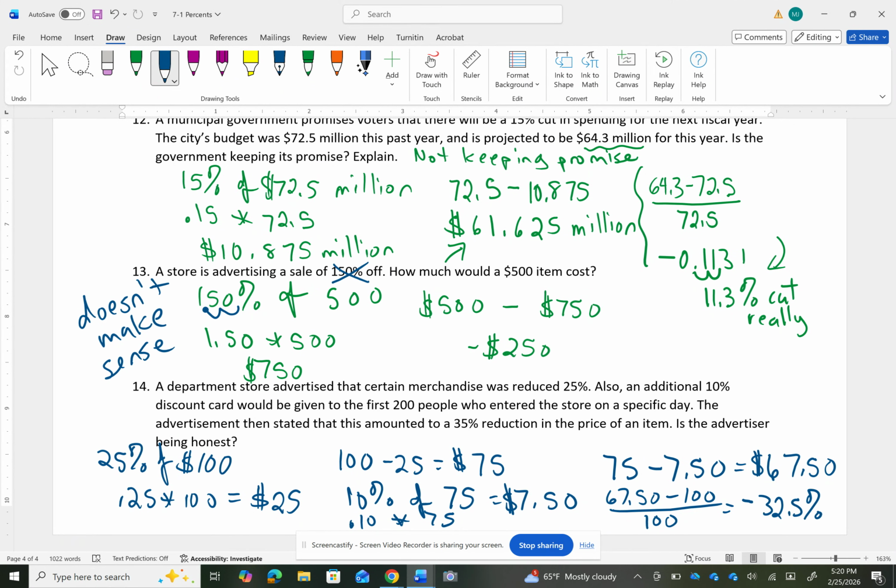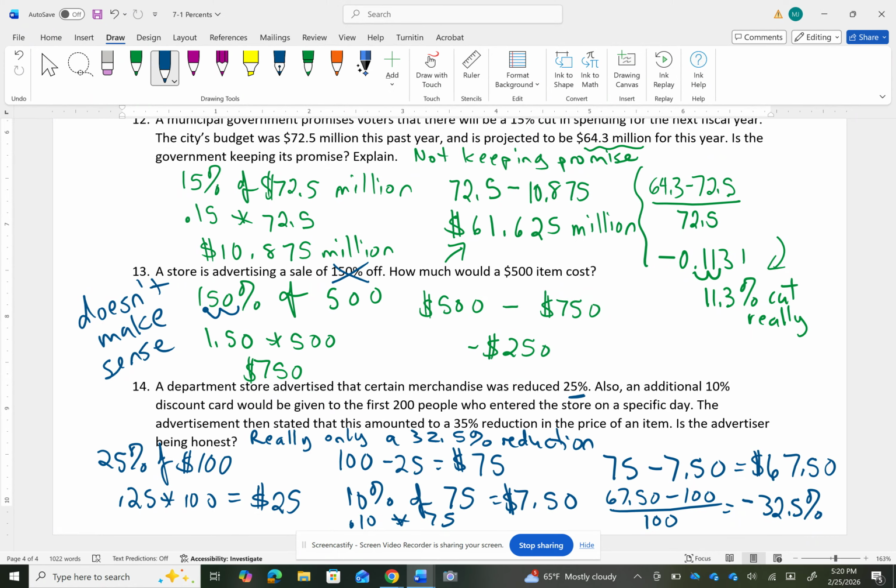So it would have been only 32.5% reduction. Because the way it was worded, it's like they had already reduced the merchandise 25%, and now I'm getting an extra 10% after that has happened.